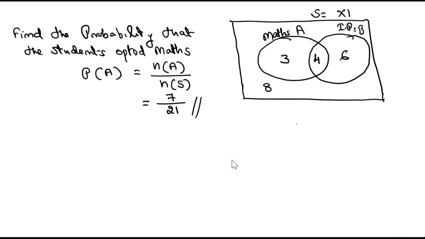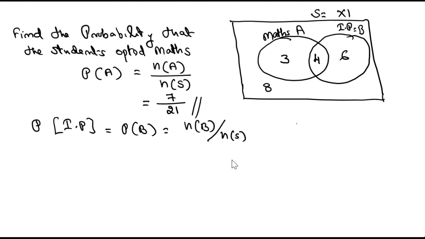Now how many students opted IP? That means the probability of students who opted IP. Suppose we have taken IP as B, so probability of B equals N of B divided by N of S. N of B is 10, divided by N of S, which is 21.